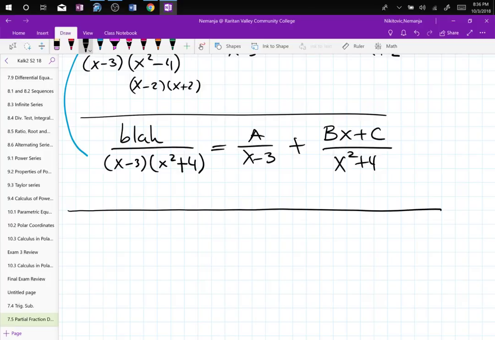What do you think you're going to get with something divided by x squared plus 4? What is the derivative of inverse tangent? It's 1 over 1 plus x squared. So the integral of 1 over 1 plus x squared is going to be inverse tangent of x.